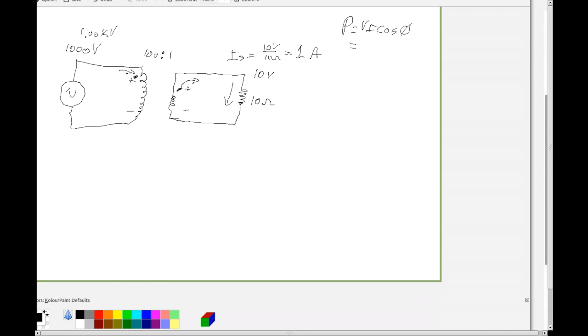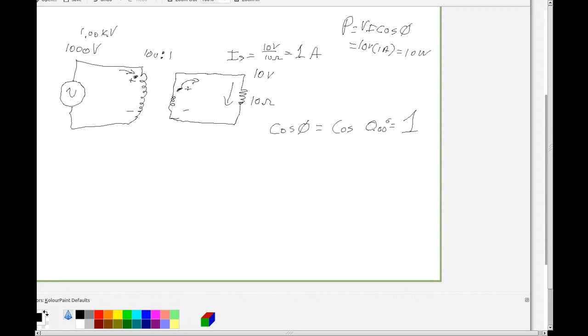But since I don't have any capacitor or inductance in this, the angle is 0. So it's the cosine of 0, which is simply 1. Okay. And so we're going to have 10 volts times 1 amp, which is going to be 10 watts. Okay.